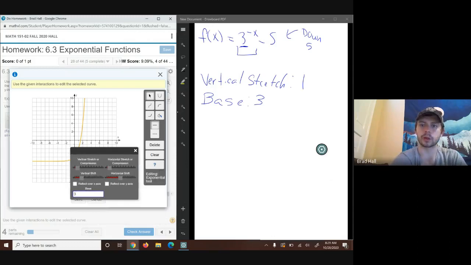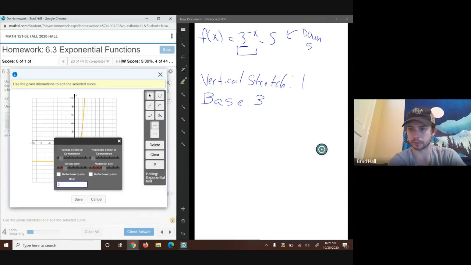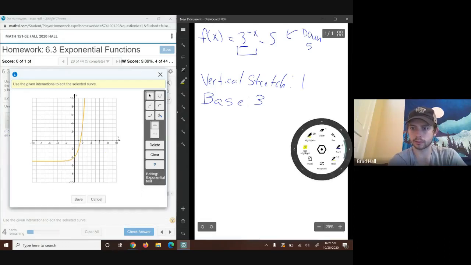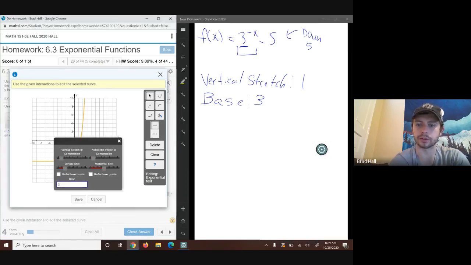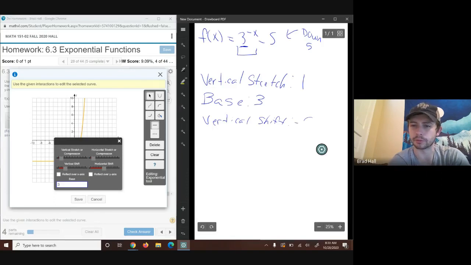There's also a reflection that I haven't addressed yet. So we went down 5, which corresponded to a vertical shift. So the vertical shift is technically negative 5.